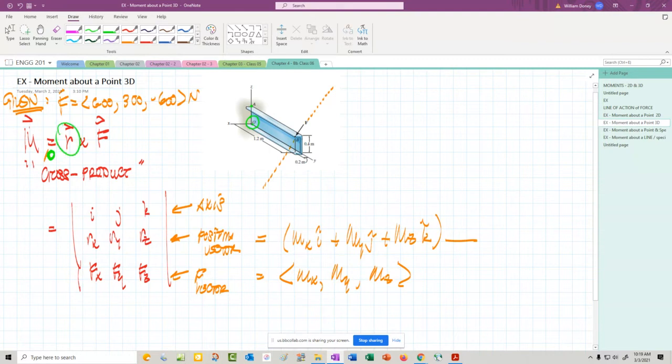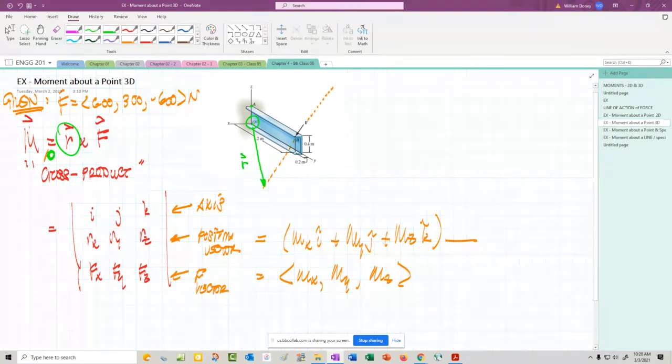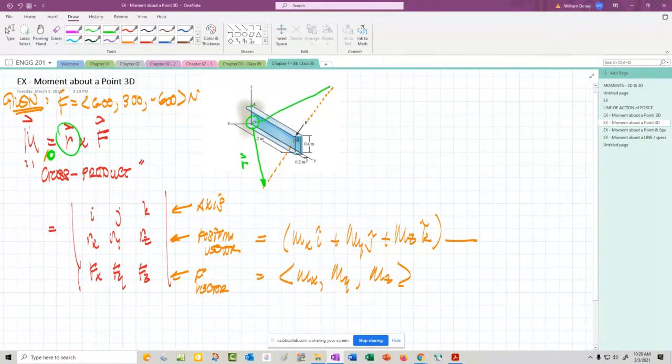This position vector can go from the point of interest, here it's O, to any point on the force, meaning I could use a position vector that goes from here to here, or here to here. There's essentially an infinite number of position vectors I could use.